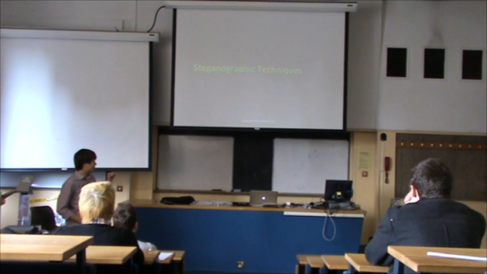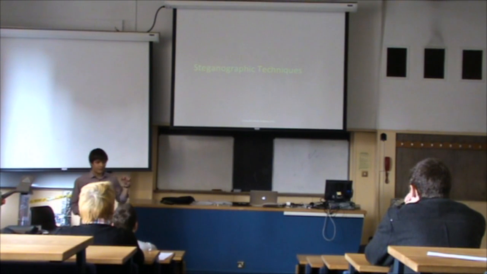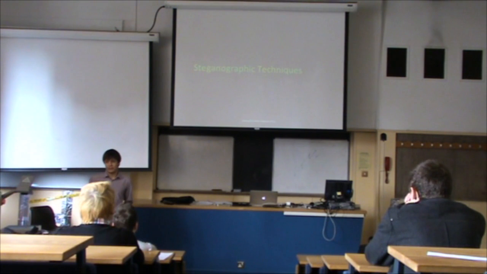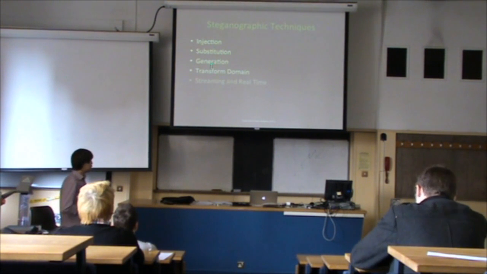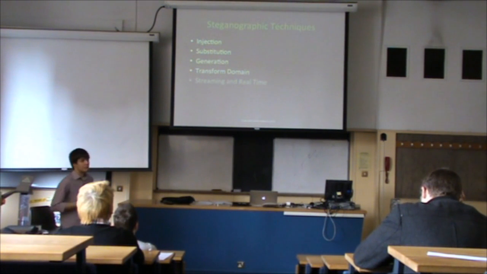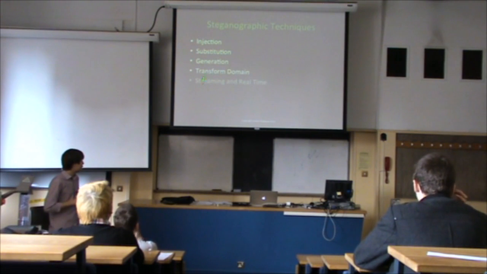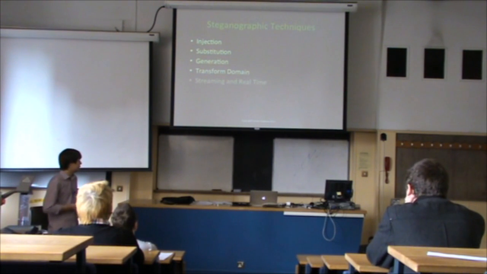Here I'm going to get into the more interesting stuff, which is basically the techniques used for digital media. Injection, substitution and transform domains are probably the most common techniques used. You do see generation and streaming and real-time techniques being used as well. Generation, there's not a lot of that, and you'll soon see why when you realise exactly how that works.